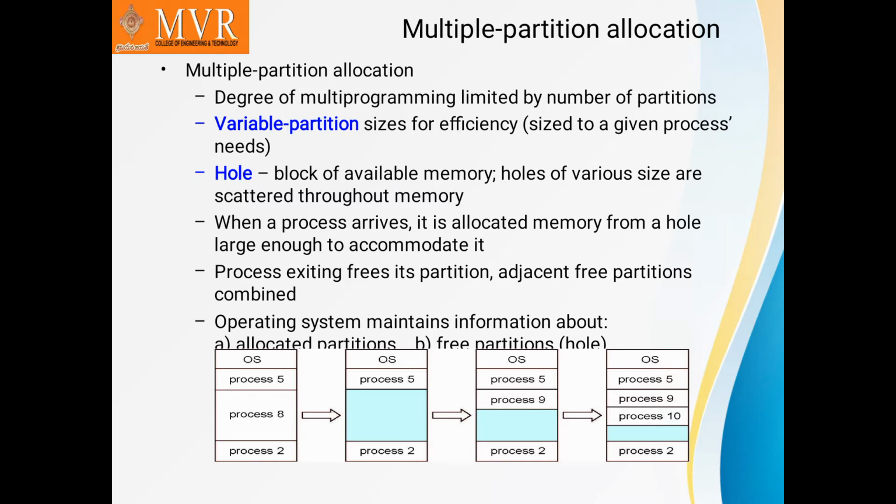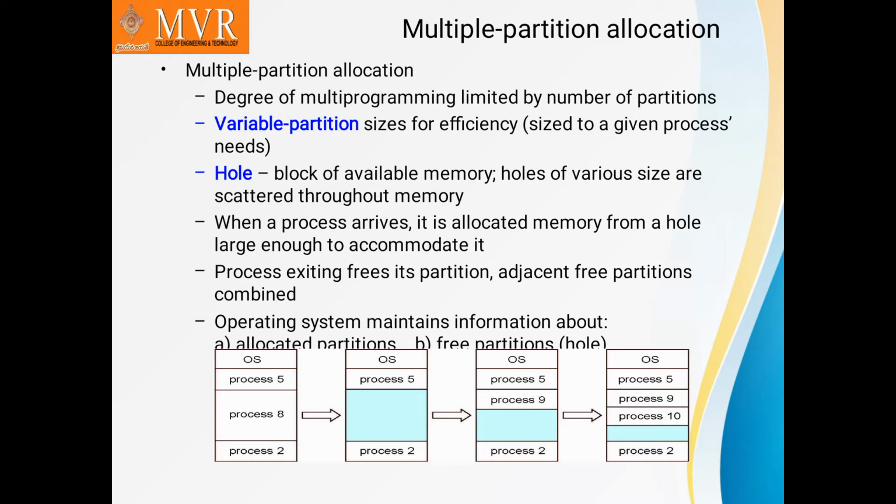The operating system maintains information about allocated partitions and free partitions. Allocated partitions means whatever process is allocated memory by the operating system, and free partitions means the empty space, which we can call a hole.